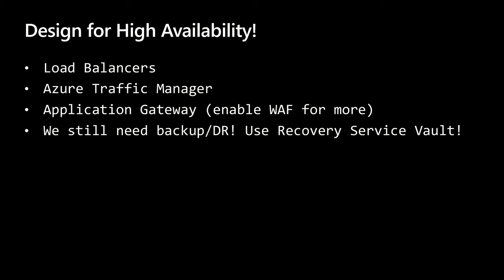There are also different things that work with the platform as a service model, Azure Traffic Manager or Application Gateway. Azure Traffic Manager is basically a reverse proxy that enables you to add different endpoints that will be accessed over one, basically load balancing again. Application Gateway is a layer 7 load balancer. We can enable a web application firewall for more protection.